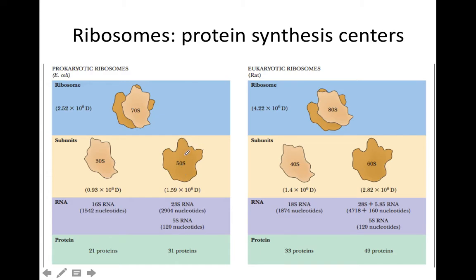In the large subunit of your prokaryotes, it will contain the 23S RNA and the 5S RNA. So these are ribosomal RNAs incorporated into the 50S subunit. Whereas the small subunit, or the 30S subunit, will contain the 16S rRNA.